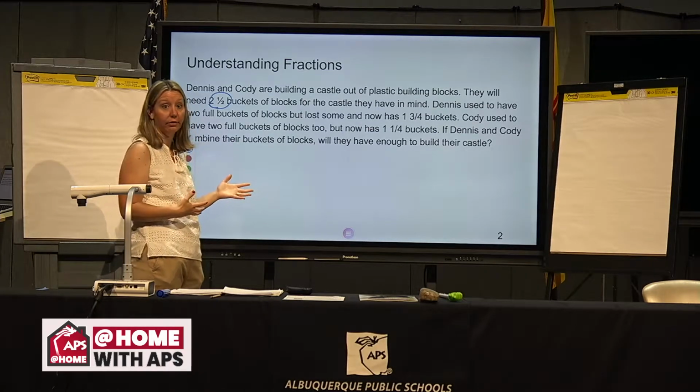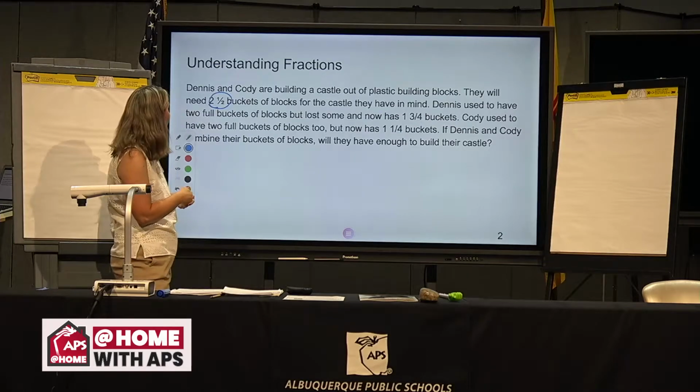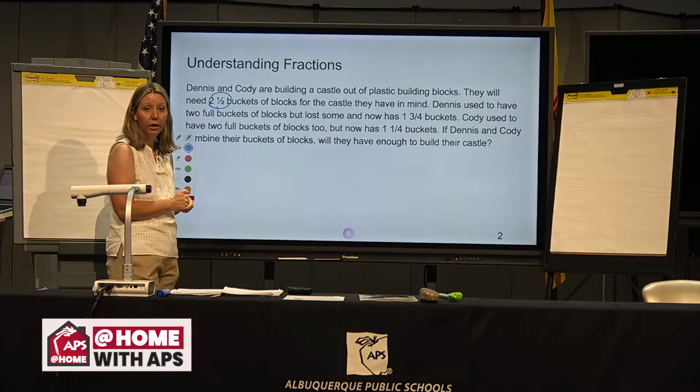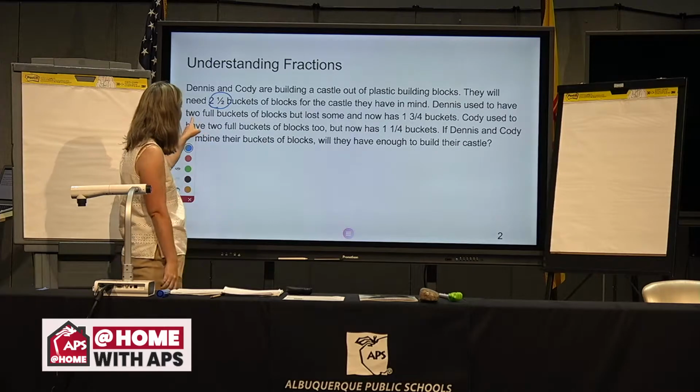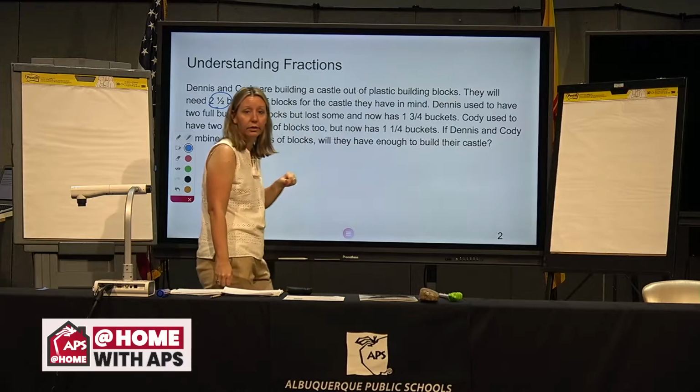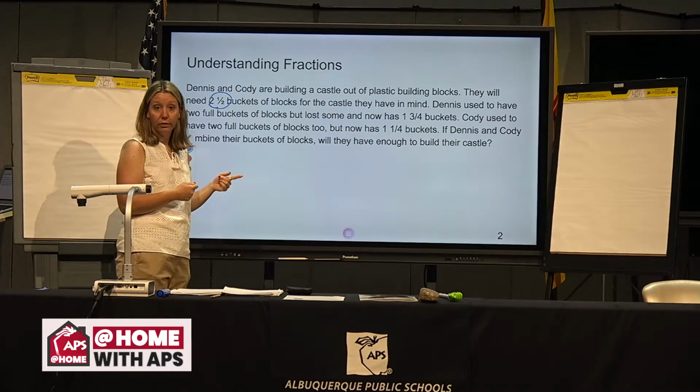to do this castle. Dennis used to have 2 full buckets of blocks, but lost some and now has 1 3/4 buckets. Is there any information we need there? I see, 2 full buckets, and then now has 1 3/4 buckets. So I should circle both of those.